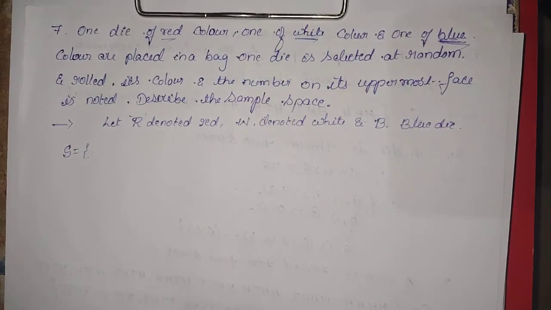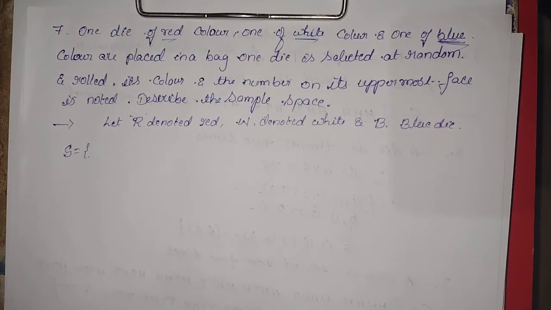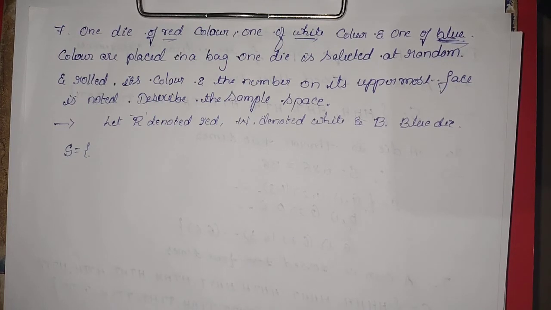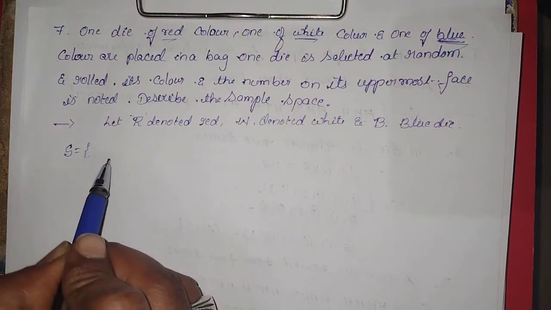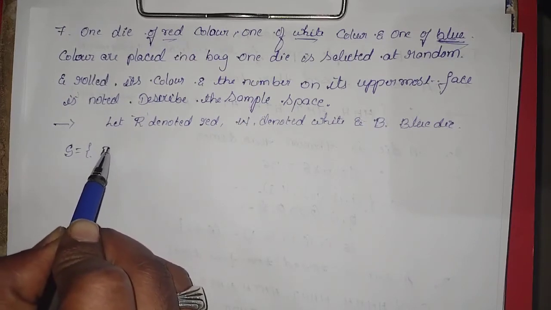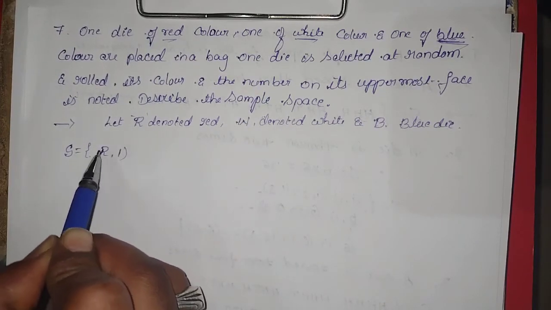I am taking one die from the bag. We don't know which color of die I am taking. In case the first die I take is maybe red, then to write the sample space, the red die shows 1, maybe.